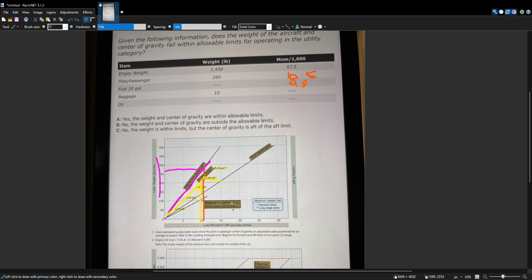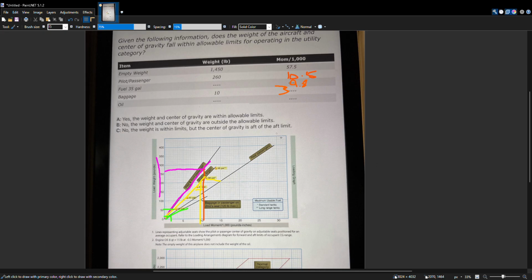Baggage, we got 10 pounds of that. So this is baggage. Make that green. And then we only have 10, so this is 50. A fifth of that's like here, pretty much. It's kind of negligible. Let's just say baggage is 3. And then oil.